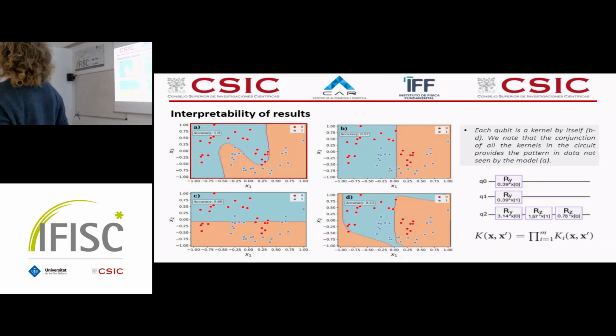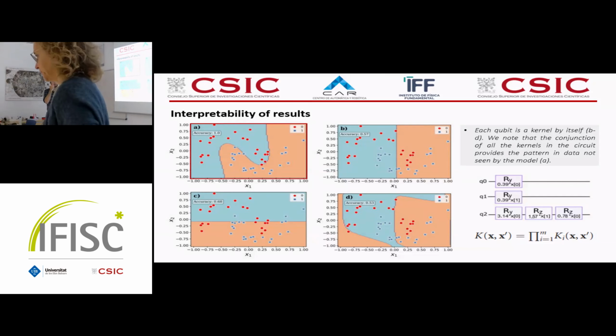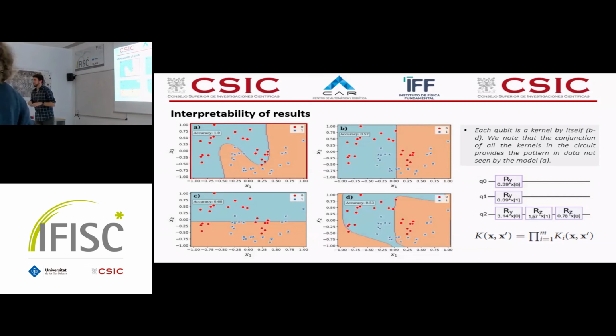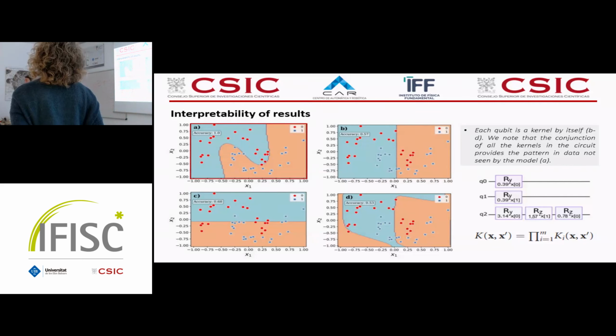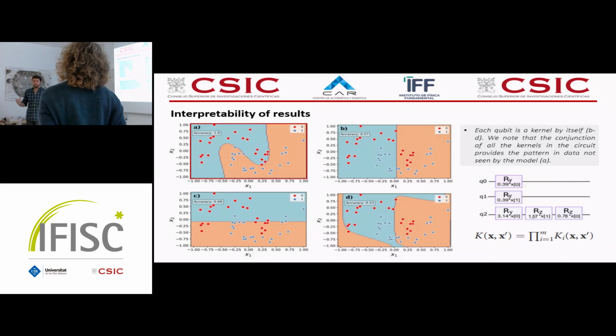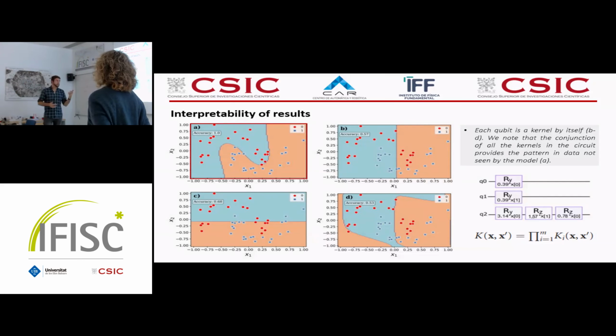Also, something very important, I think, is that since we are penalizing the CNOTs, we can use this interpretability technique, which is important now in artificial intelligence, the ethics, and to understand the results and interpret the models. If the models can be less complex, much better.